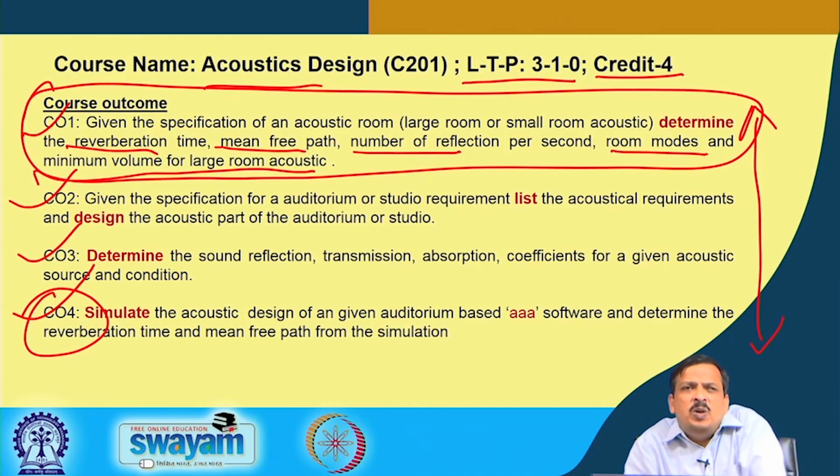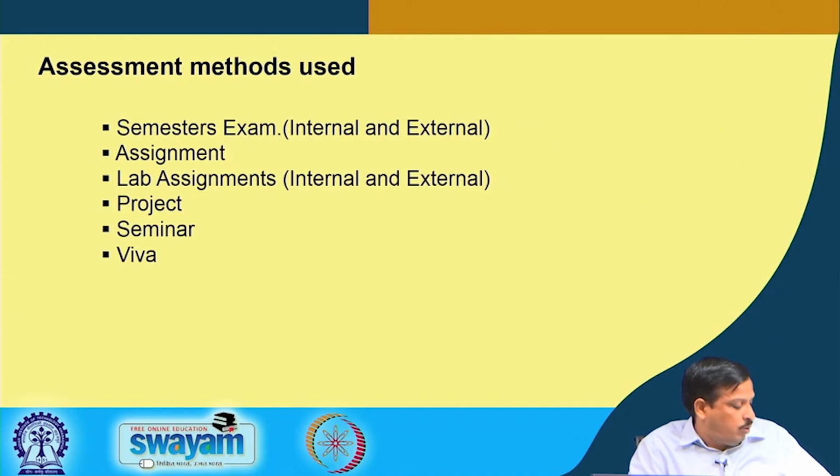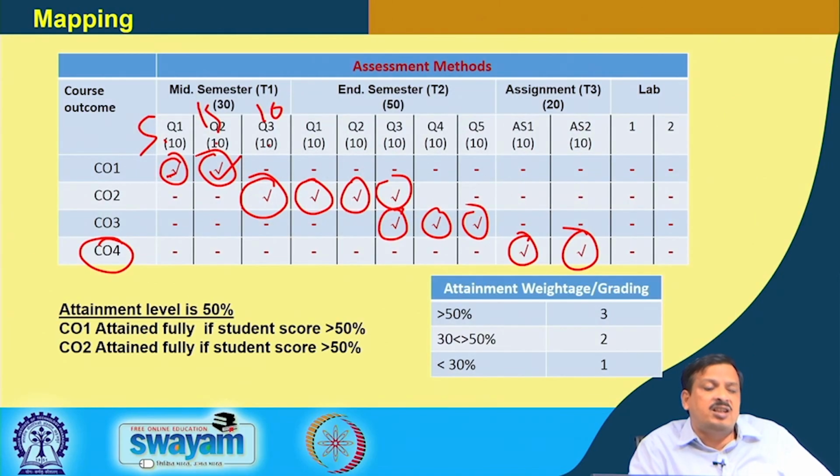But how do you ensure the student has attained the communication skill, teamwork and lifelong learning? So, that means when I design the questions, I have to ensure that questions not only include the domain dependent part, but also include the domain independent part also.